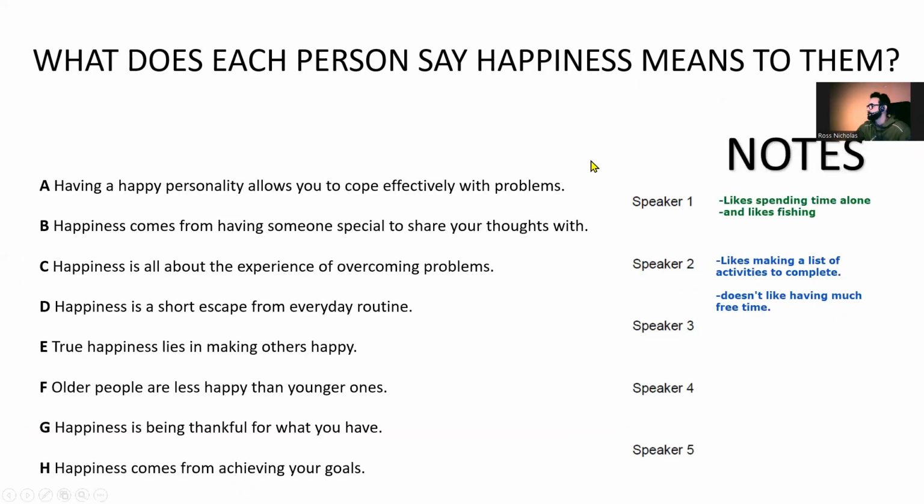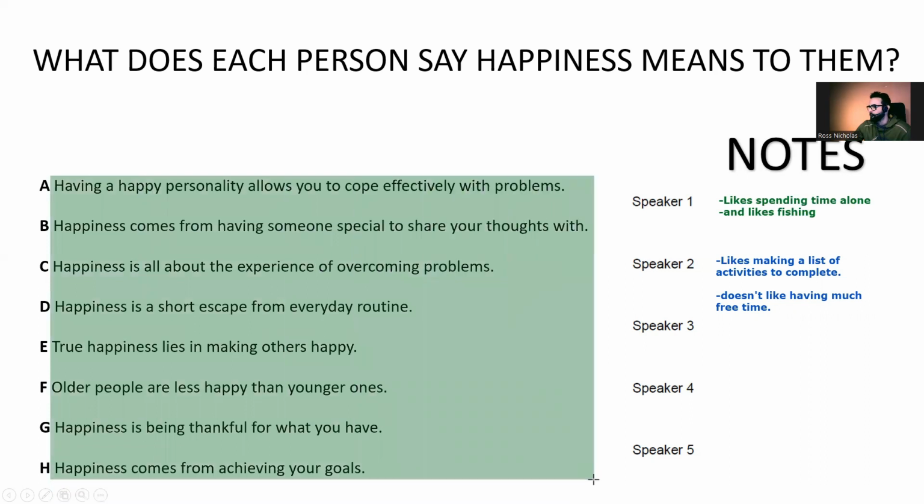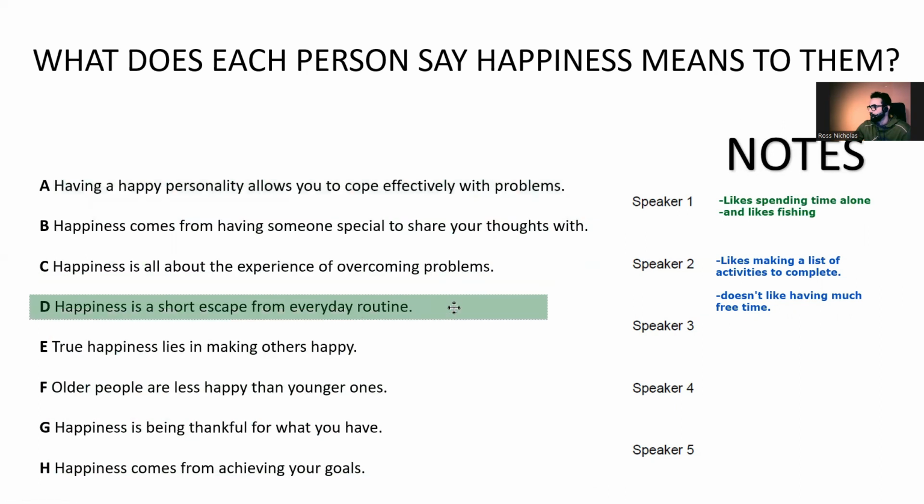Uncover the answers, and which one looks like a possible answer do you think for speaker 1? D, because it said that happiness is a sort of escape from everyday routine, and he likes spending time alone.